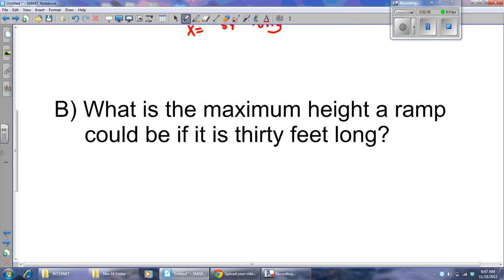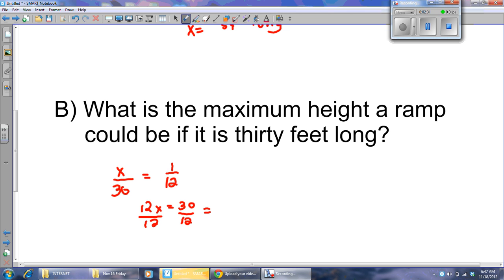Similar type question in part B. What is the maximum height a ramp could be if it's going to be 30 feet long? Well, it's going to be 30 feet long, but I have the same ratio of 1 to 12. So I can cross multiply and get 12x equals 30. I'll divide by 12, divide by 12.